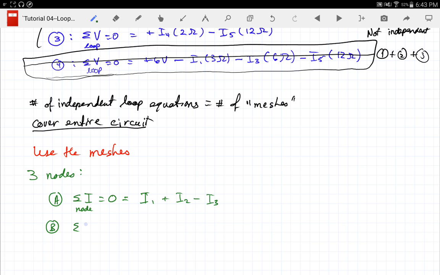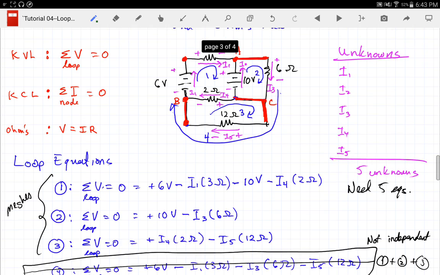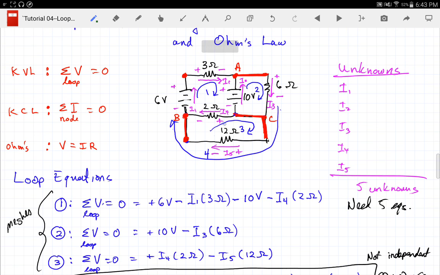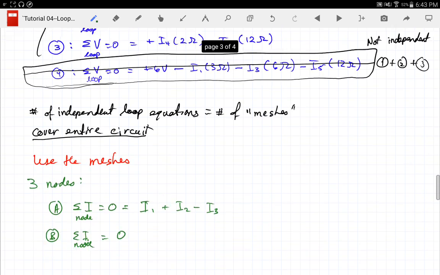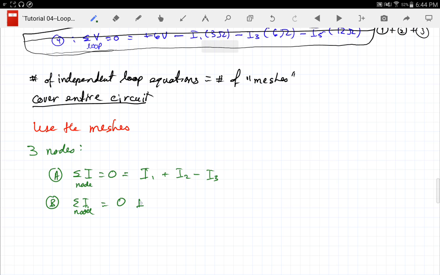B, sum of the currents in the node equals 0. So let's look at node B. At node B, I have I5 is coming in, I4 is coming in, and I1 is leaving. So it'll be I4 plus I5 minus I1.